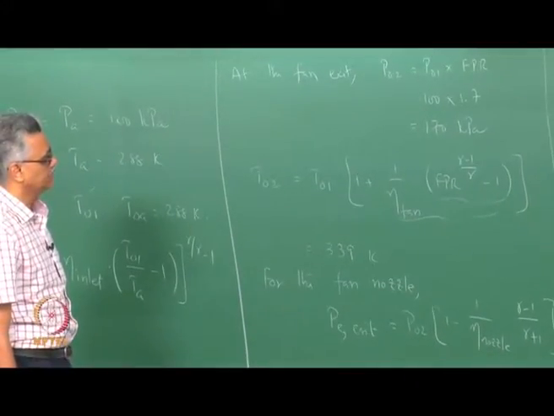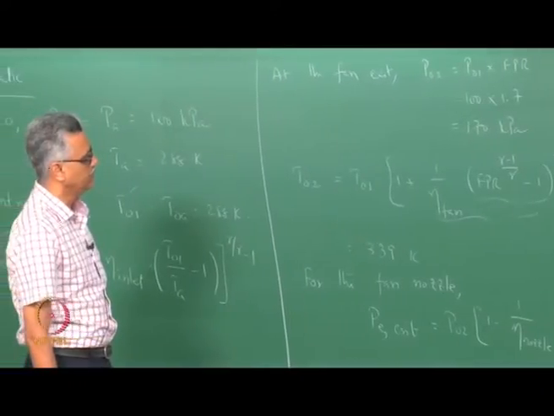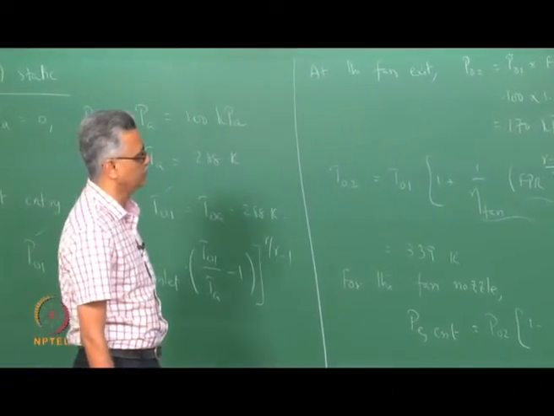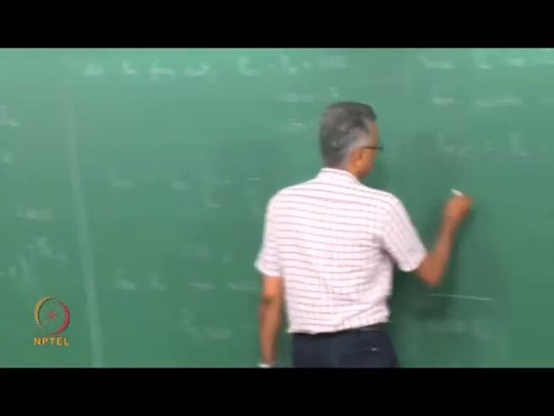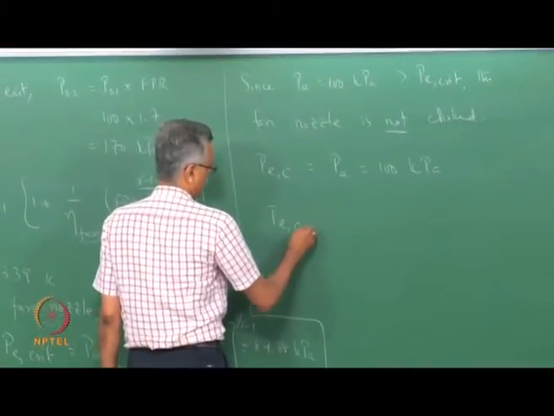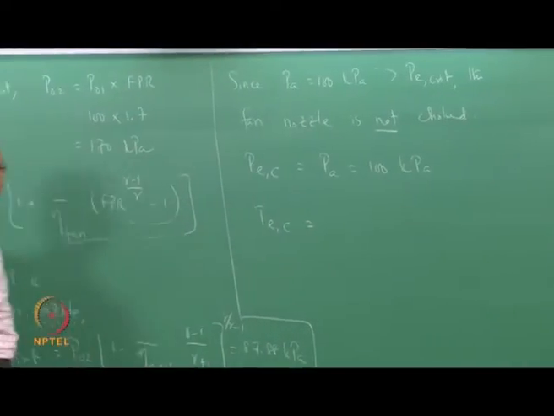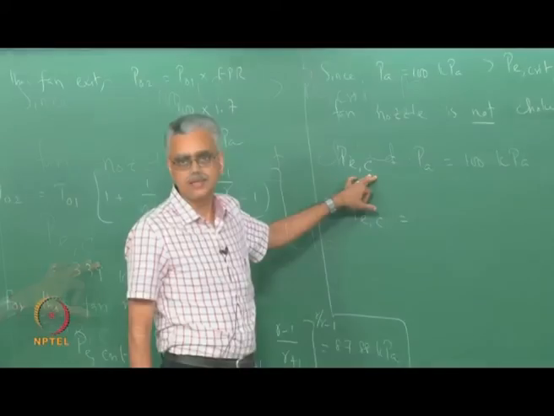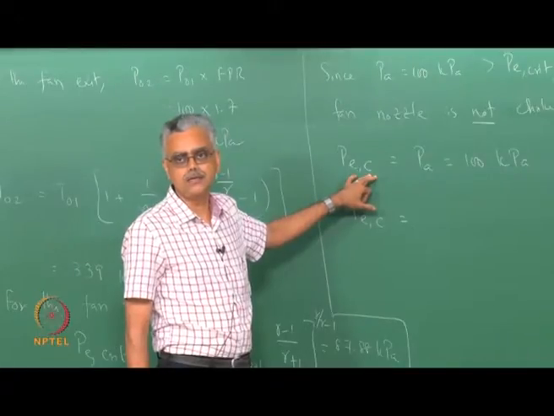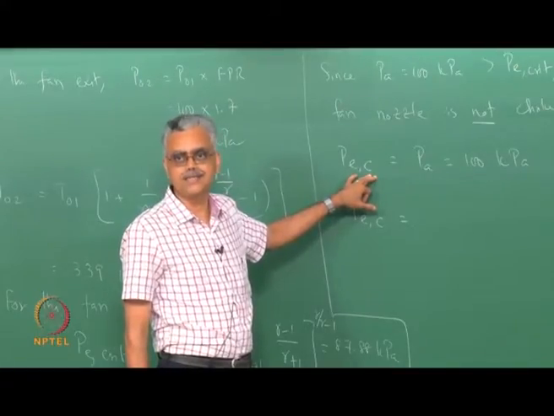So I know the exit static pressure, I need to evaluate the exit velocity or the exit static temperature, any one of those things would do. So let us calculate the exit static temperature. Remember, once I know the exit static pressure in the fan nozzle, PES is equal to PE because they both lie on the same isobar, then I know the stagnation quantities at the inlet.